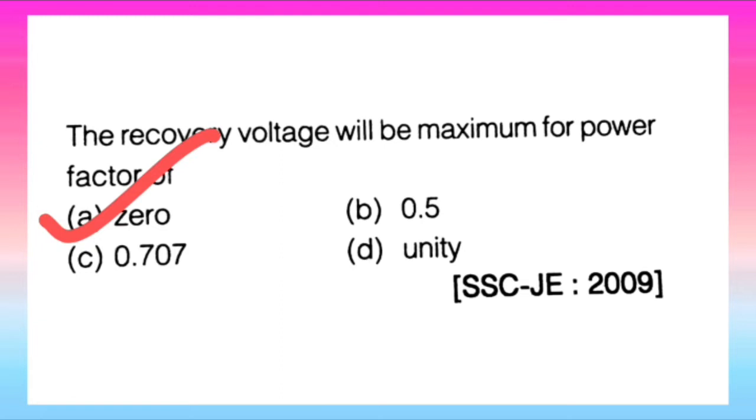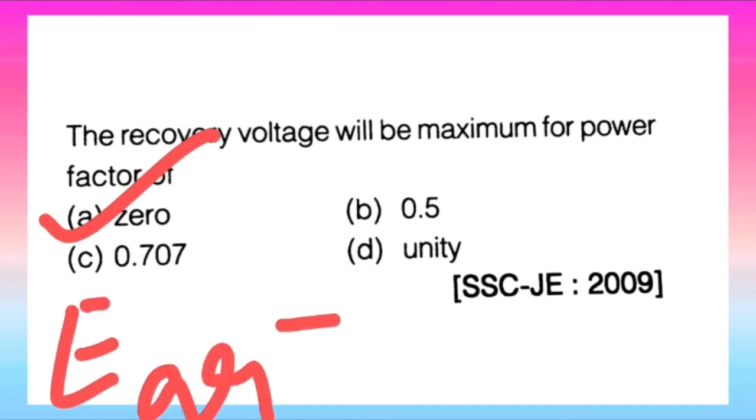We can also say that it is the voltage that appears across the contacts after the circuit breaker is opened. Active recovery voltage EAR is equal to K EM sin phi.